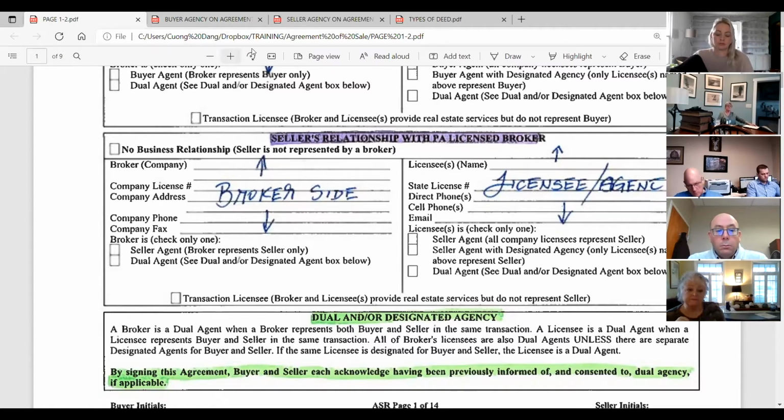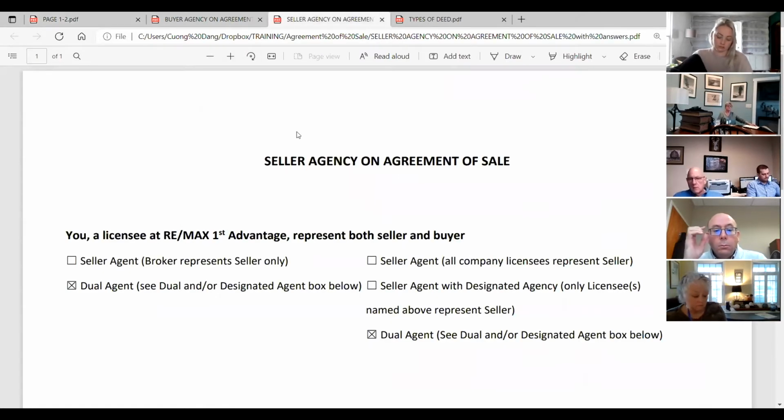So again, a little quiz here for you. You, a licensee at RE/MAX First Advantage, represent both seller and buyer. So RE/MAX First Advantage on the left would be a dual agent, and you representing both the seller and buyer, you're a dual agent. So check mark the very last box as dual agent.